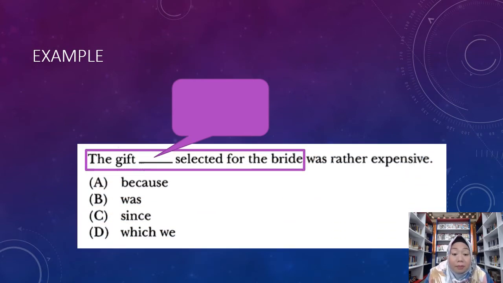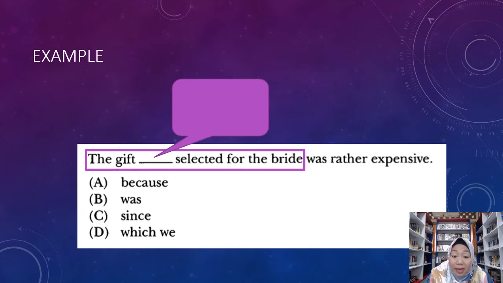Let's take a look at an example of the question in the TOEFL test. The gift blah blah blah selected for the bride was rather expensive. Here we have the verb was. Before the verb is the subject, in the form of a noun phrase, and here we have gift, and we have a verb here.